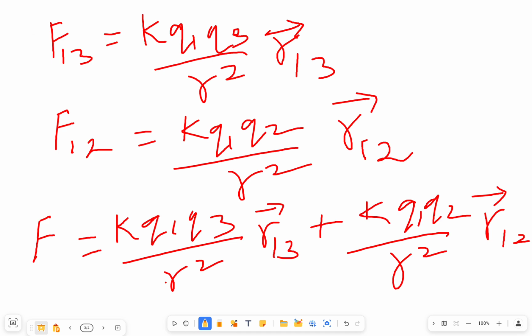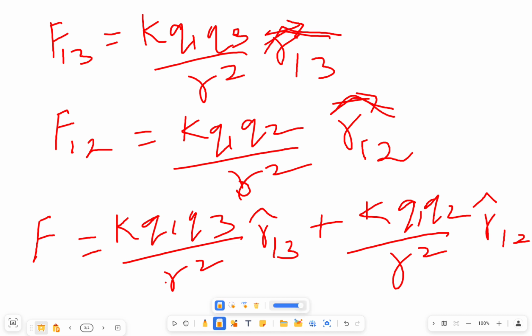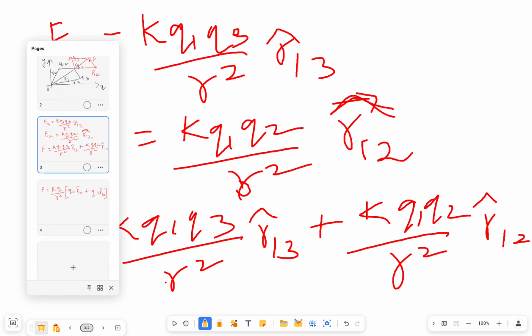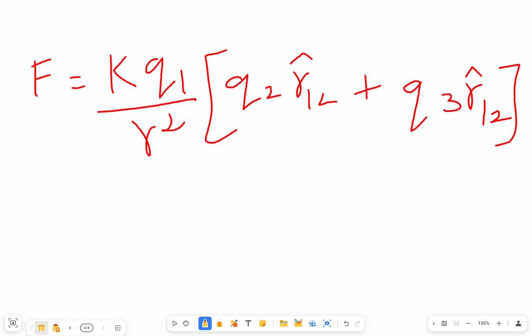The direction will be represented by cap, not vector, because they are denoting the unit vectors. So this is the resultant force acting on Q1 due to the multiple charges Q2 and Q3.